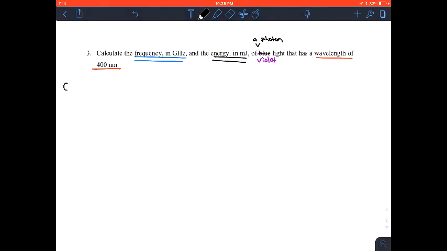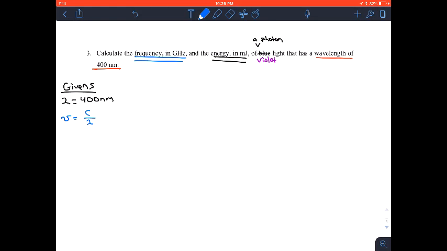Okay, so our givens. We have wavelength equals 400 nanometers. Then we have nu equals c over lambda.